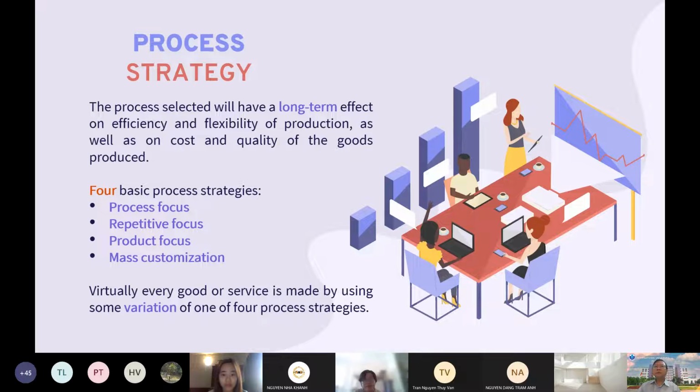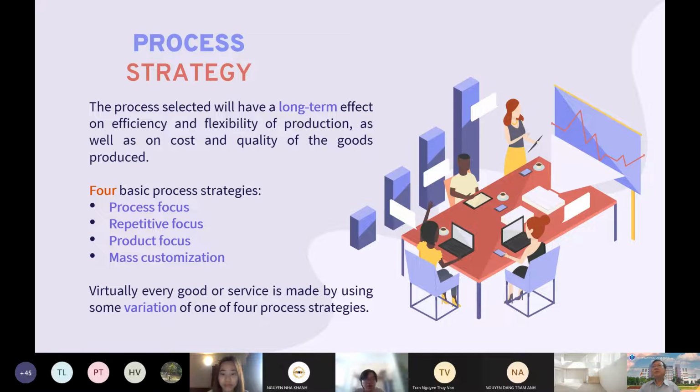We have four basic process strategies. First is process focus, second is repetitive focus, third is product focus, and the final one is mass customization.